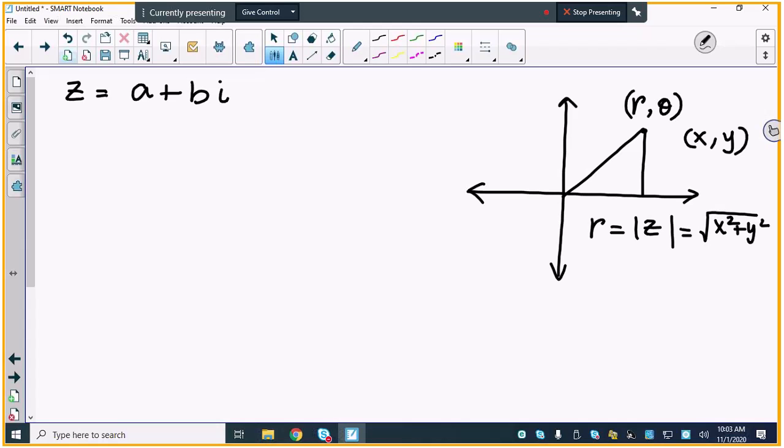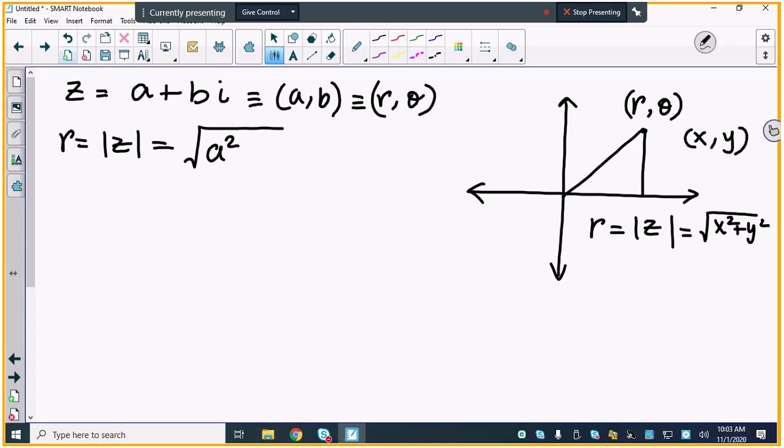So if your complex number is a plus bi, then you can think of this as the point a comma b, and you can also think of that as r comma theta, and the interrelationship will be given by r equal to the absolute value of z, or modulus of z, or radius of the complex number, which is given by the positive square root of the square of the x coordinate plus the square of the y coordinate.